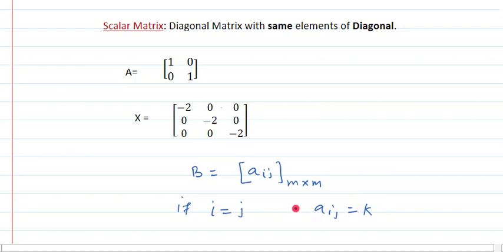And the second thing, if i is not equal to j, then Aij is equal to 0. Meaning non-diagonal elements are 0, whereas diagonal elements are same.